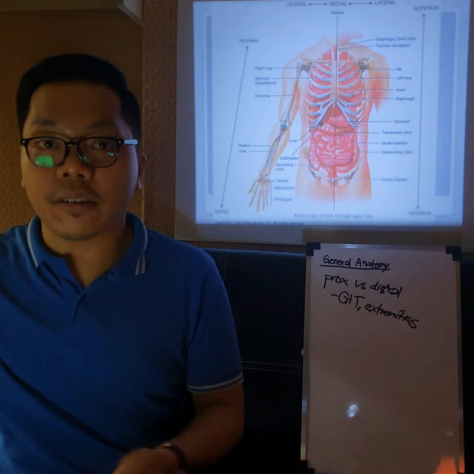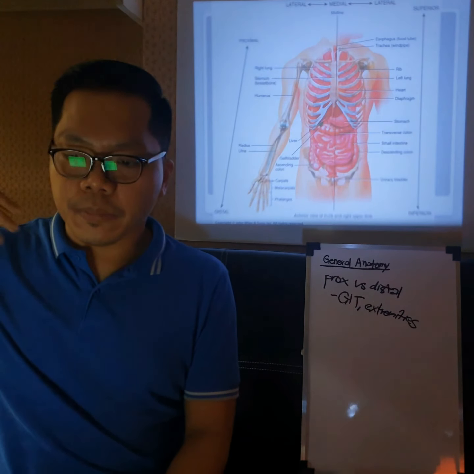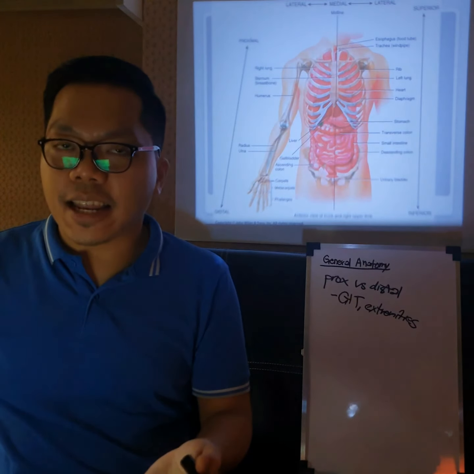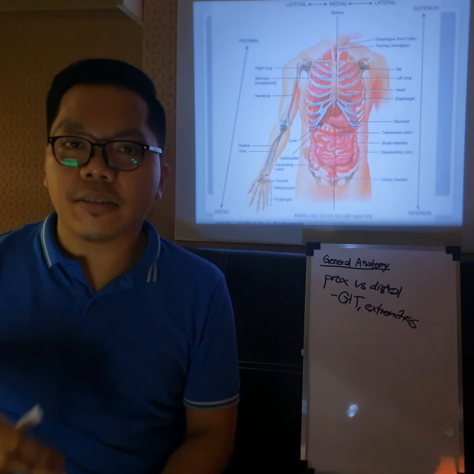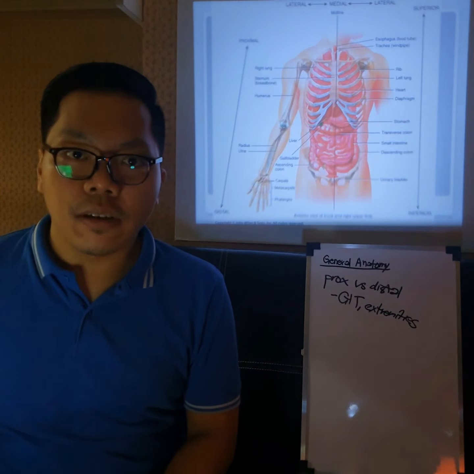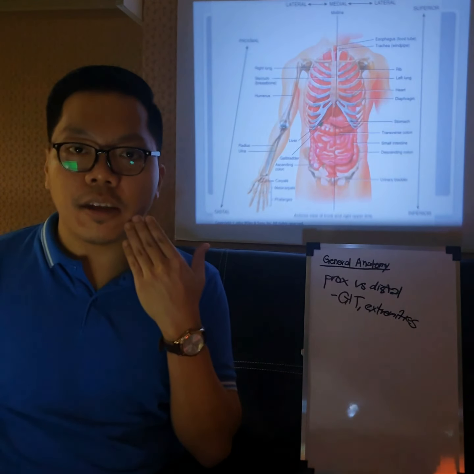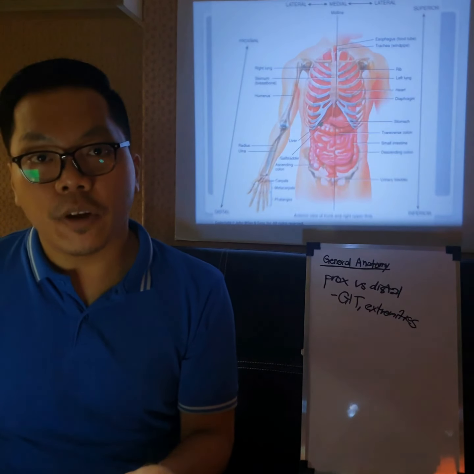We will further discuss about this during the gastrointestinal system. Okay? So, we have what we call the alimentary canal. And ang origin niya is the oral cavity, ang end is the anus. Okay? So, kung sino yung mas malapit sa origin, which is the oral cavity, then siya yung proximal. Okay?